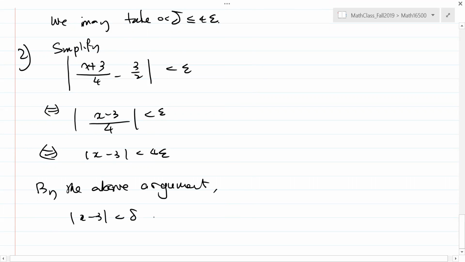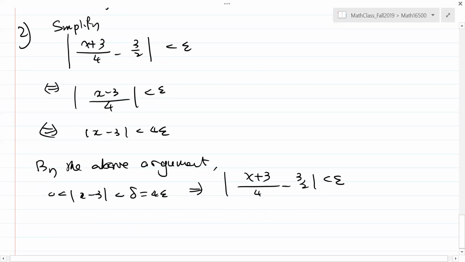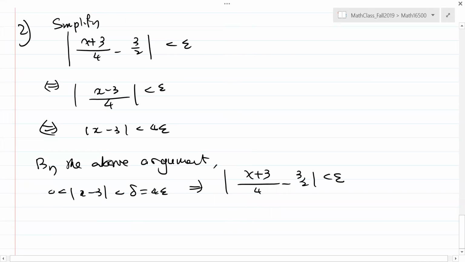What is delta? Delta is 4 epsilon. This implies absolute value of (x plus 3) over 4 minus 3 over 2 less than epsilon. Okay, so we prove the statement. We just let the delta be 4 epsilon. That's enough. Okay. You can go backward, right? Because when we simplify the inequality, you get equivalent inequalities.